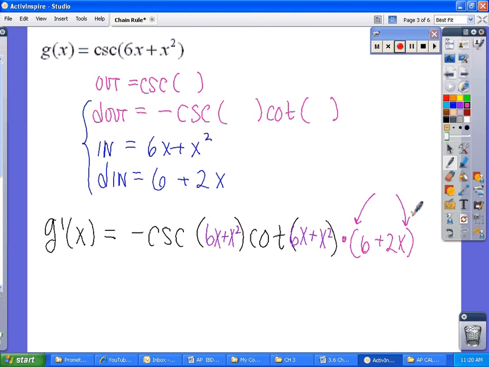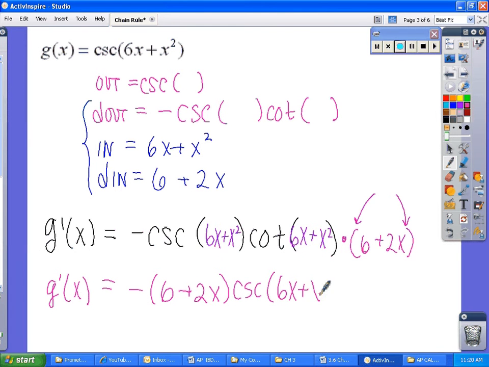When you simplify, we get negative, bring the factor out front, cosecant of 6x plus x squared times cotangent of 6x plus x squared, and there's really nothing else you can do to the function.